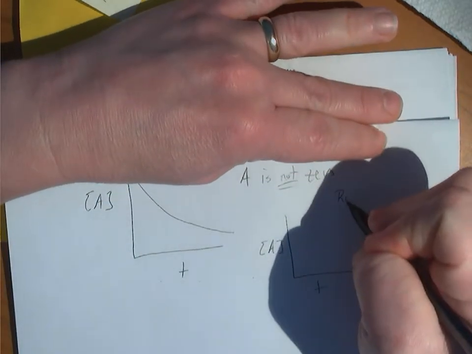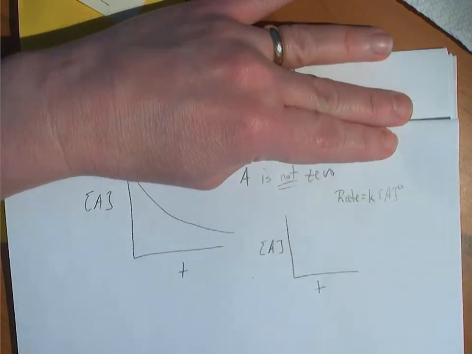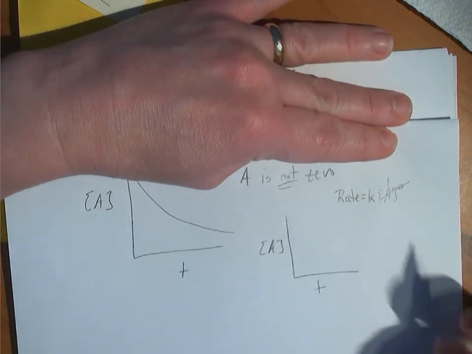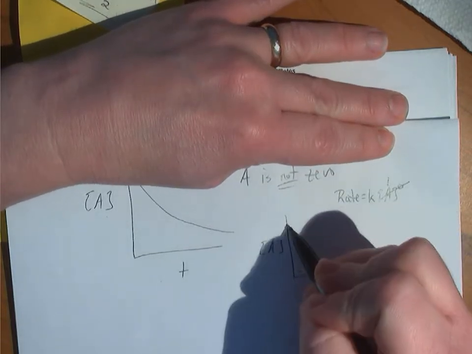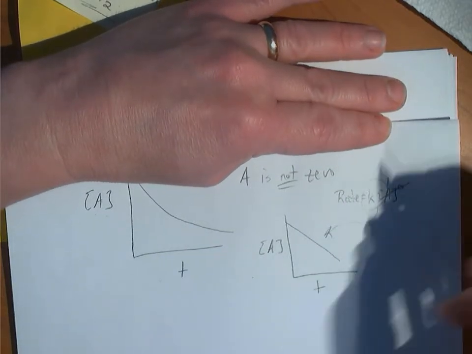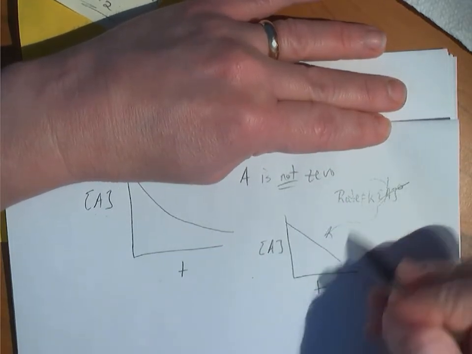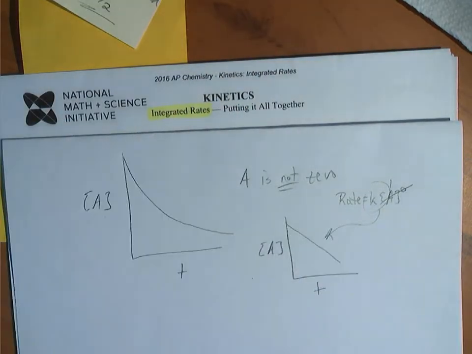If A was zero order, the rate law would be k[A] to the zeroth, which we know is 1. So the slope that we'll get is from a linear line, and that actually is the value of our k.